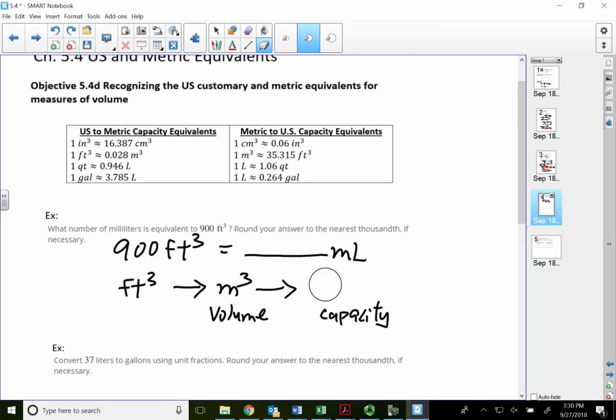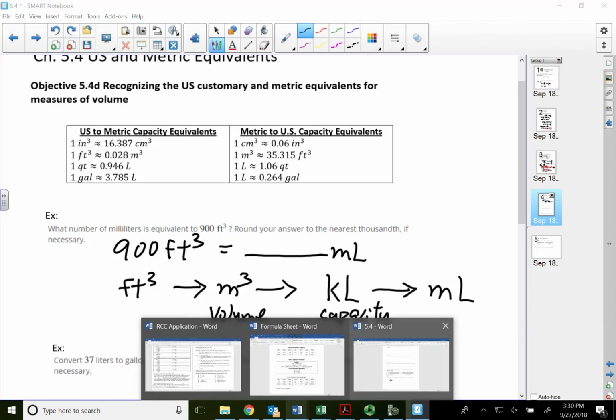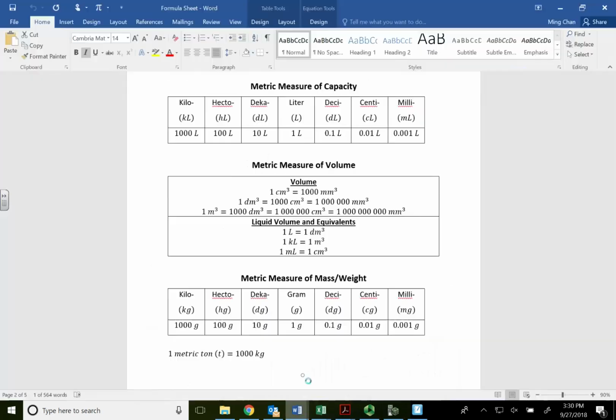So what if I go to kiloliter and then go from kiloliter to milliliter? Because from kiloliter to milliliter, that's actually metric capacity converted to metric capacity. So that means I'll be using the chart up here. Kiloliter convert to milliliters. Okay. All right. Cubic meters and kiloliters are a 1-to-1 ratio.